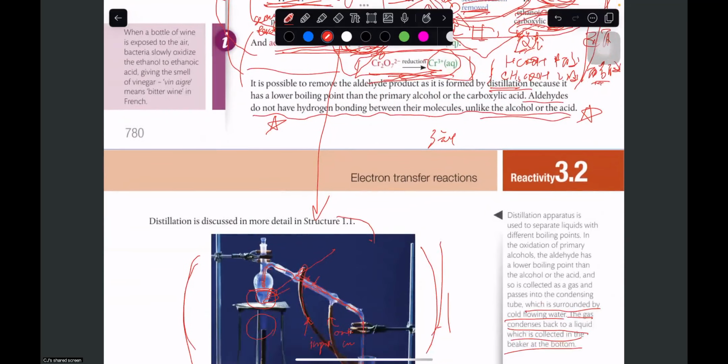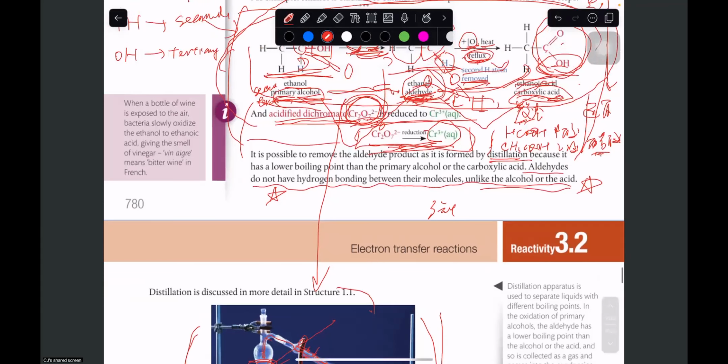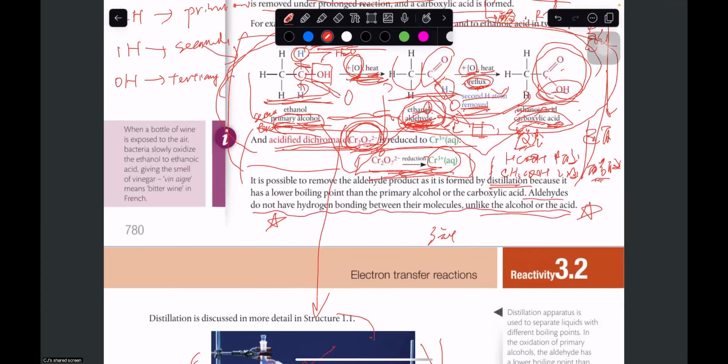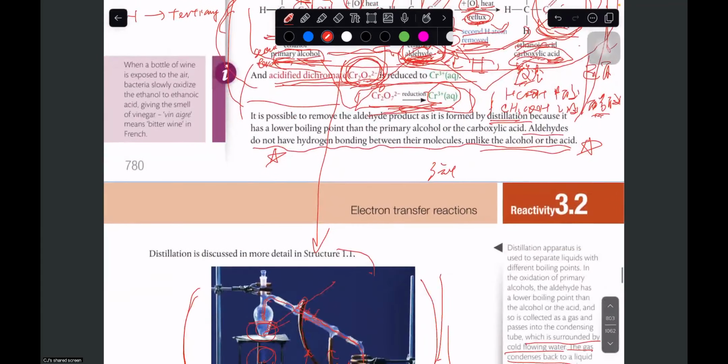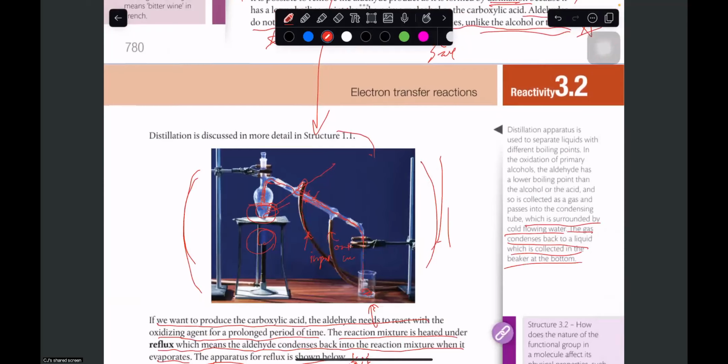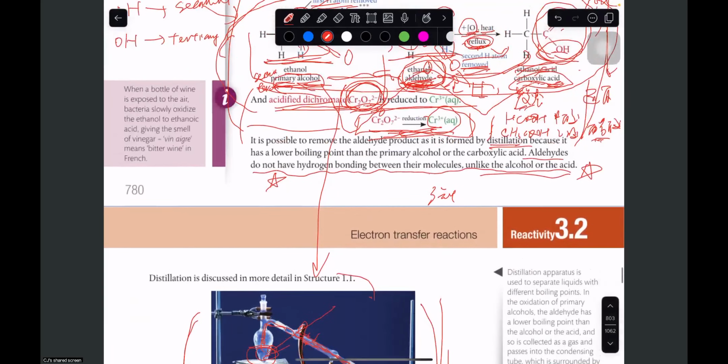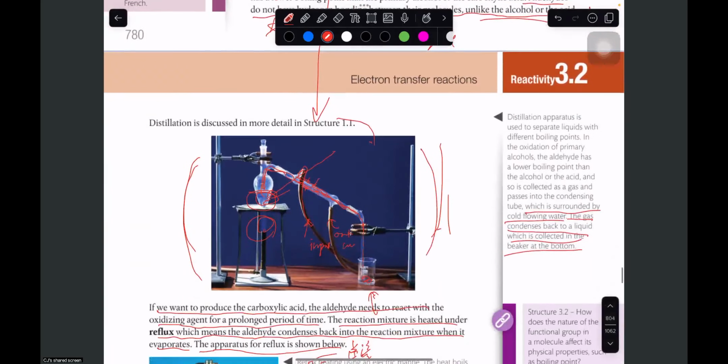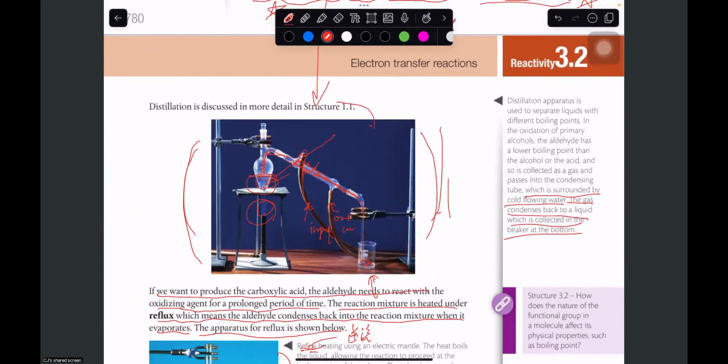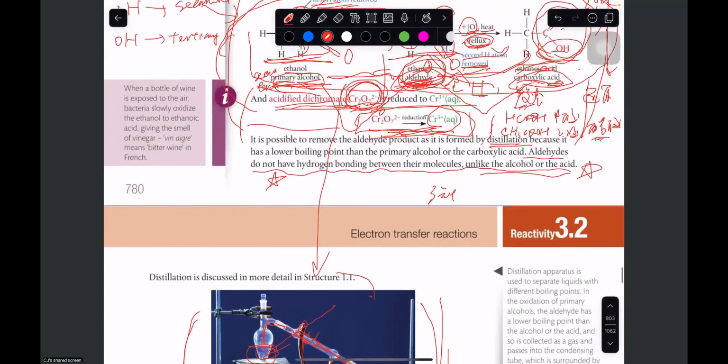When we give heat to this mixture, it will produce the aldehyde. And the aldehyde has a lower boiling point. That's why in this pipe it is the gas of the aldehyde, and we use water to cool it. It becomes liquid again, and we gather it here. This is the first step.